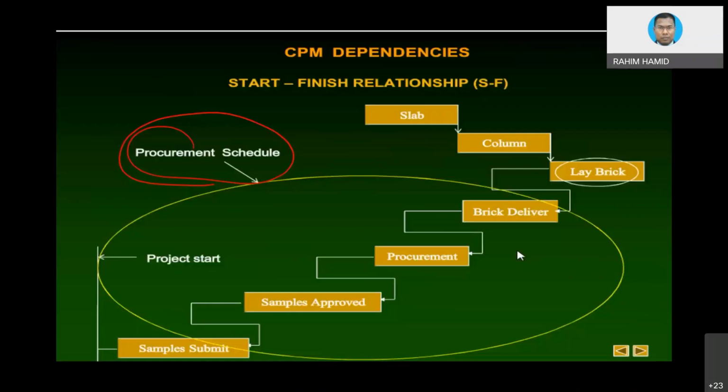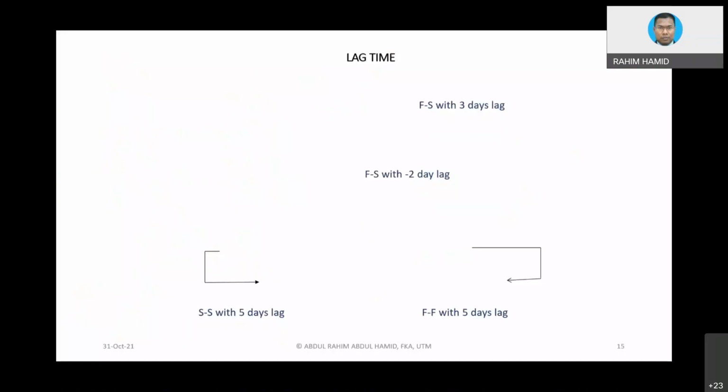All right, now we come into lag and subsequently lead. This is an example. If it is just a finish to start relationship, then normally in terms of drawing, let's say activity A and then activity B, this is the connection.